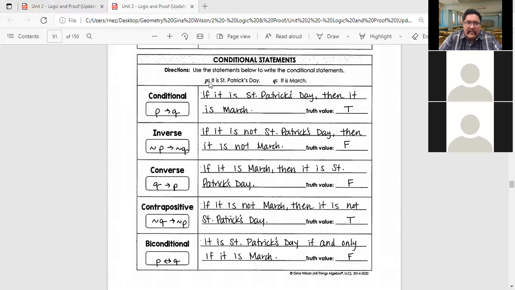All right, anyway, statement P is that it is St. Patrick's Day. Q is that it is March. So again, remember this says P implies Q. So the conditional has the if and the then added to it. So if it is St. Patrick's Day, then it is March.